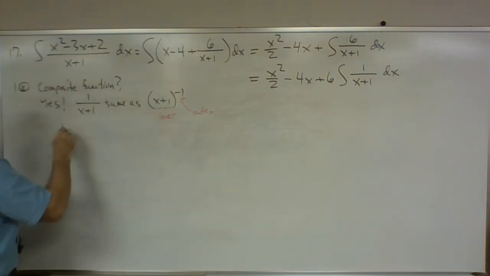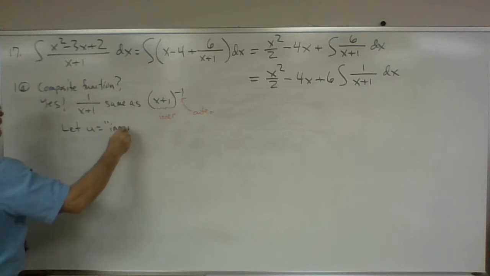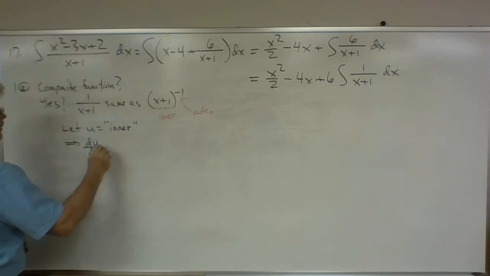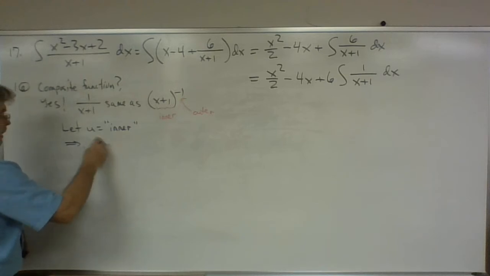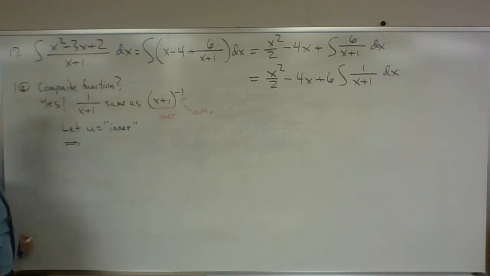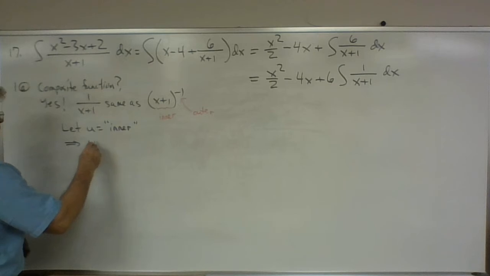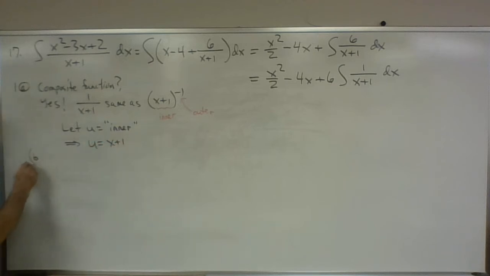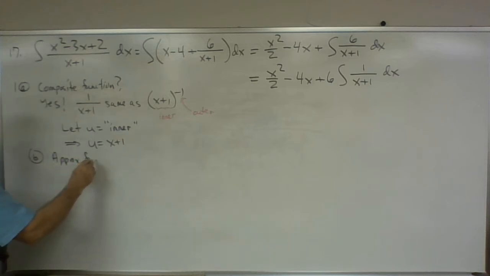And we let u equal the inner function here. I'm going a little bit too fast. U is the inner function, so u equals x plus 1. And now, do we have an approximate function derivative pair?